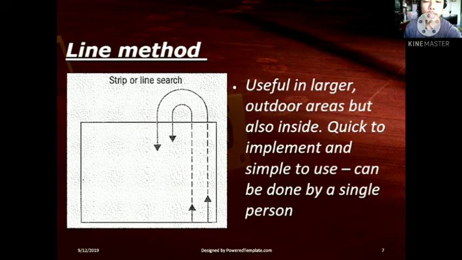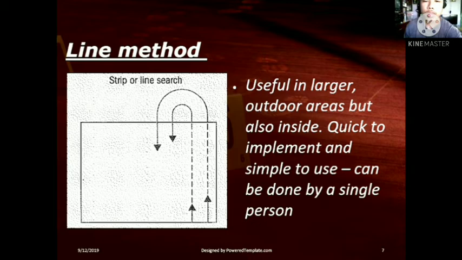The final one is the line method, also called the strip or stripe method. This is useful in larger outdoor areas but also inside. It is quick to implement and simple to use, and can be done by a single person.